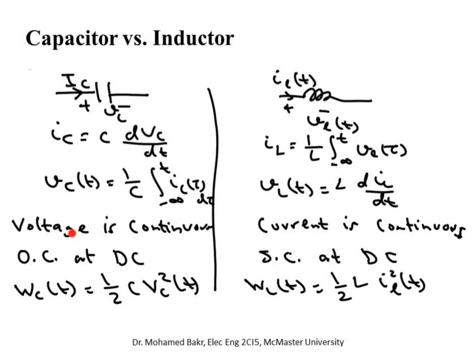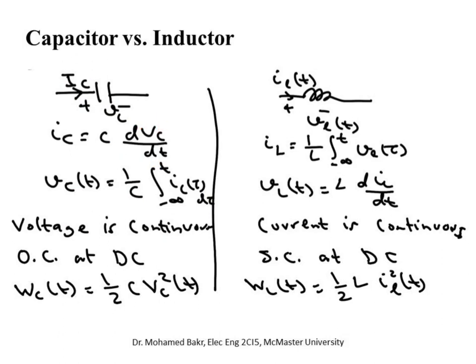The voltage across the capacitor is always continuous. The voltage cannot see an abrupt change. It cannot change from 5 to 1 in the same time. This can't happen. It has to be always continuous. At DC, it represents the open circuit. The reason for this, if you take a look at this equation, you see that at DC, everything is at steady state.